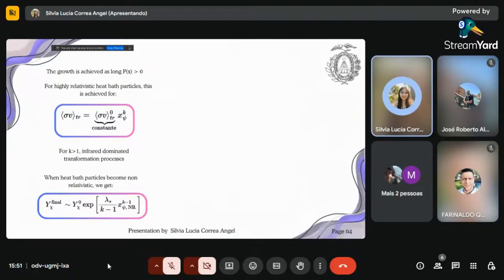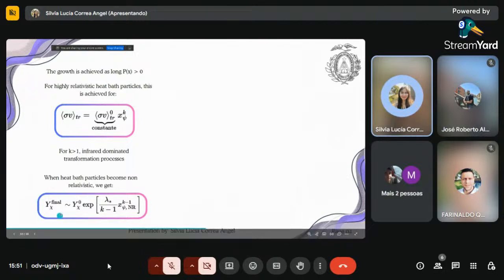So at some moment, the thermal bath particle will become non-relativistic. To describe this, we have this equation, which is the final solution of the Boltzmann equation, given by this. And here we are assuming exactly the same one.